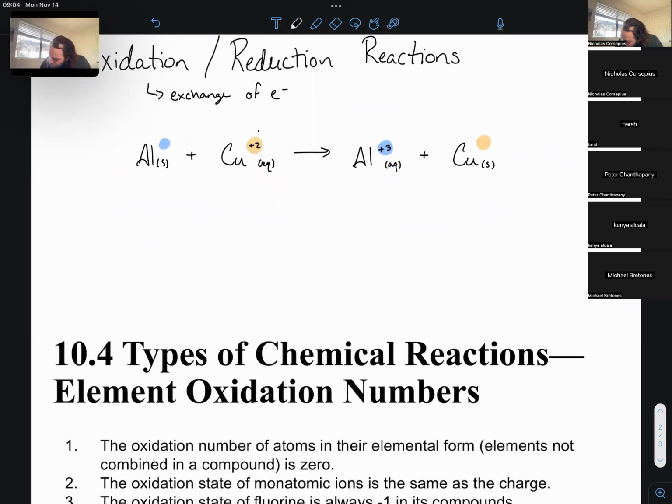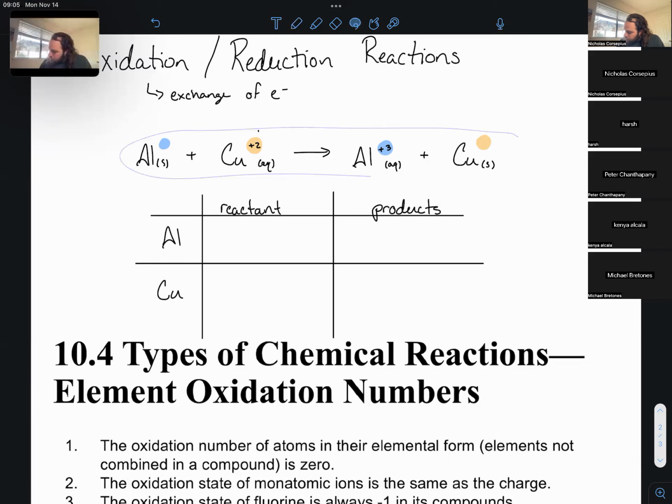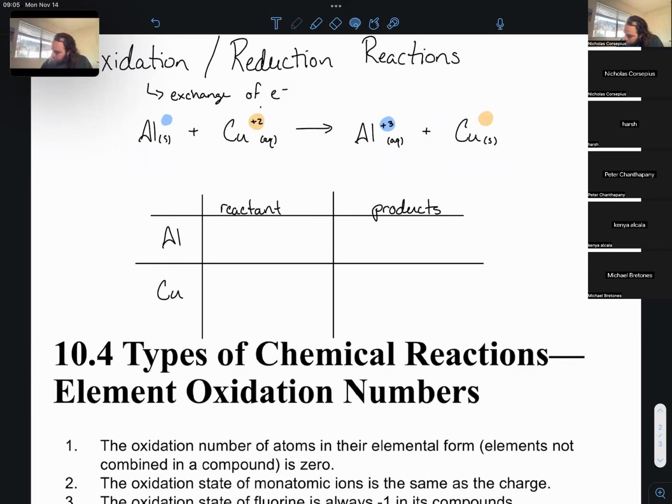On one side, we're going to list the elements, and we want to figure out what's called the oxidation number on the reactant side and the product side. And again, oxidation number or oxidation state, same thing.